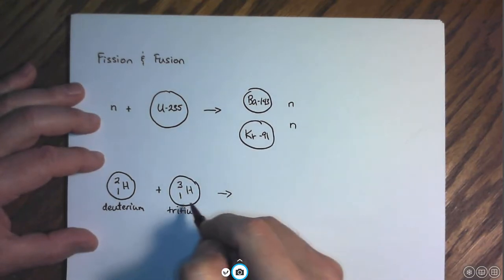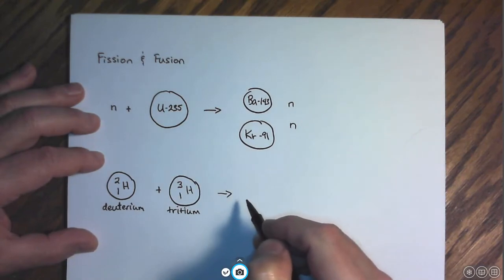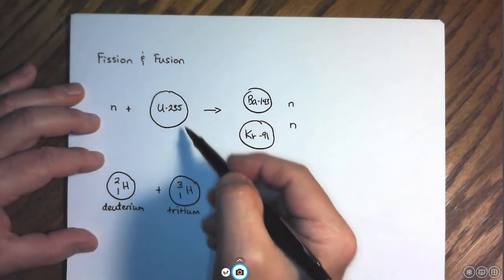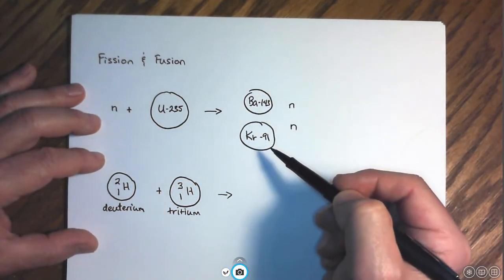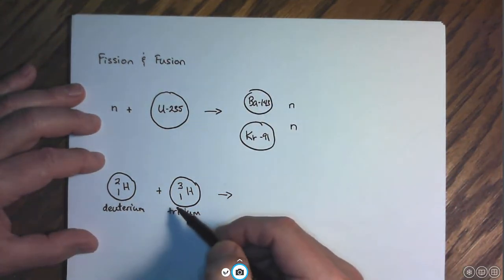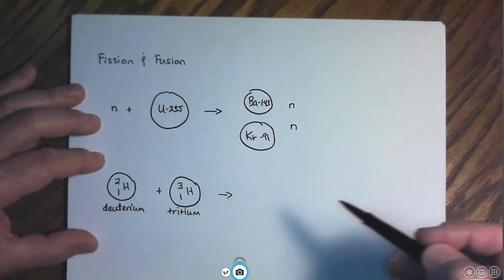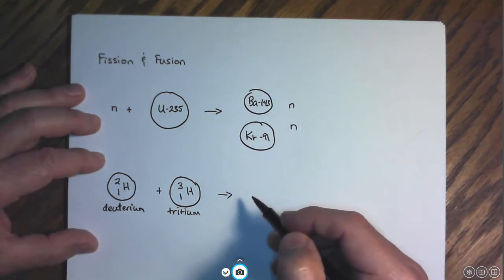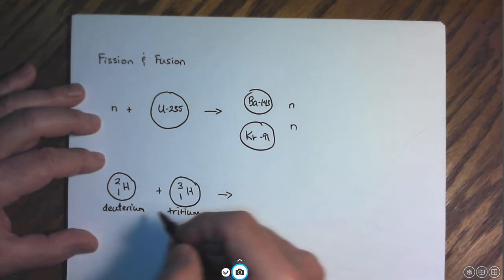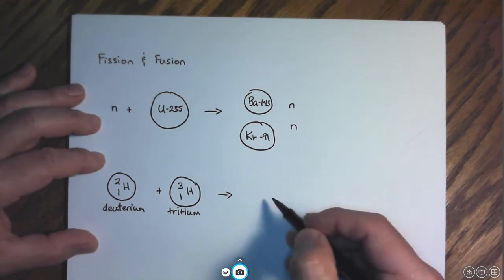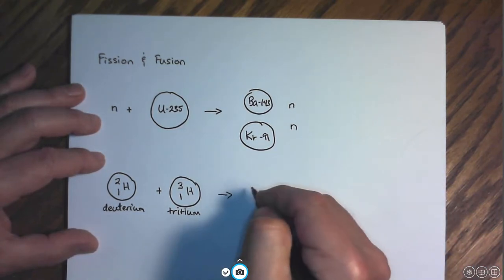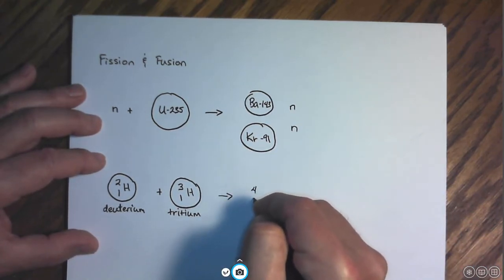Now, remember we said here we make uranium-236 that actually breaks up into this, and that's a temporary form. There's also a temporary form in between here and the actual final products that's very, very unstable. But after you make that unstable product, it then decays so that we get a final product of helium.